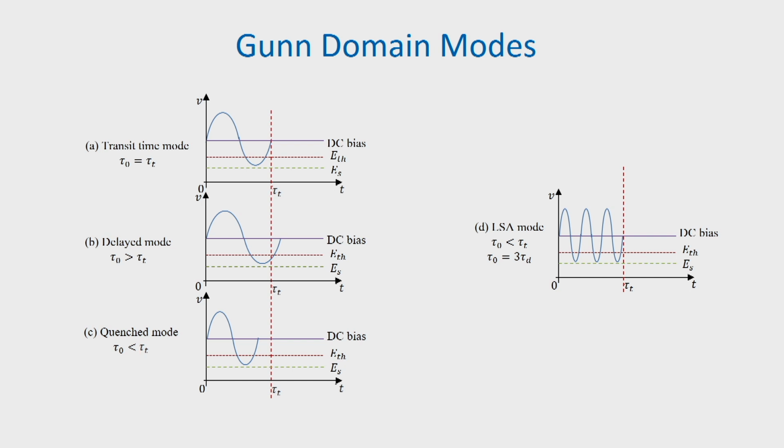Now, this type of Gunn device is often used as a part of a resonator circuit, and we assume an AC signal is present.